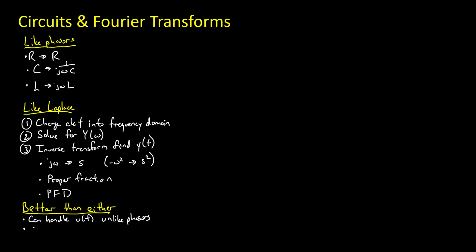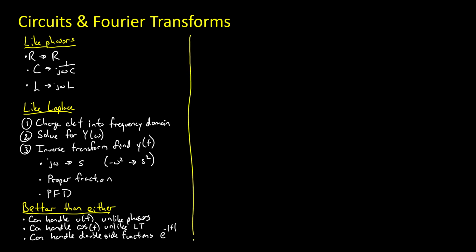It can handle cosine of t functions, unlike Laplace transforms, but like phasors can. And last, it can handle double-sided functions, like e to the minus absolute value of t.